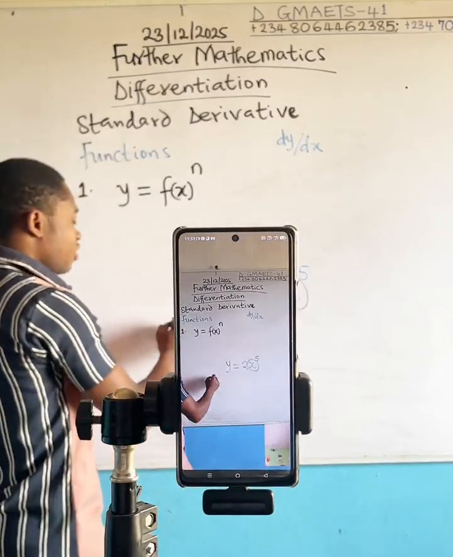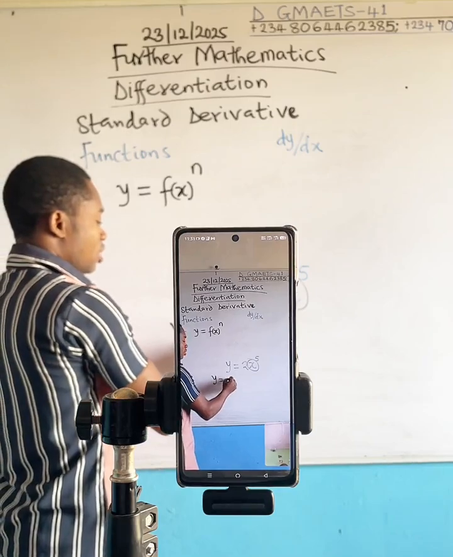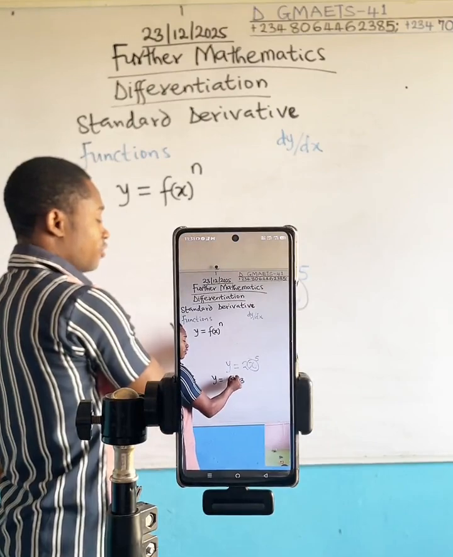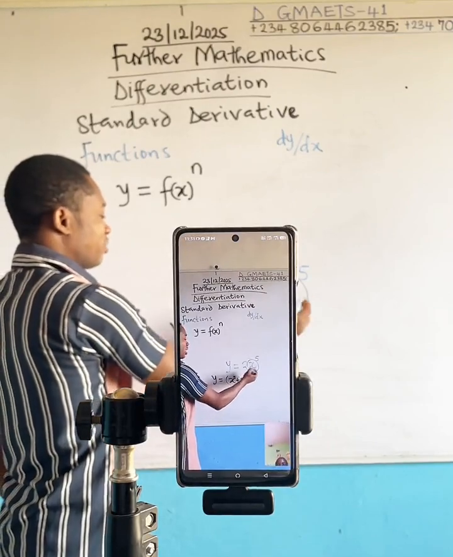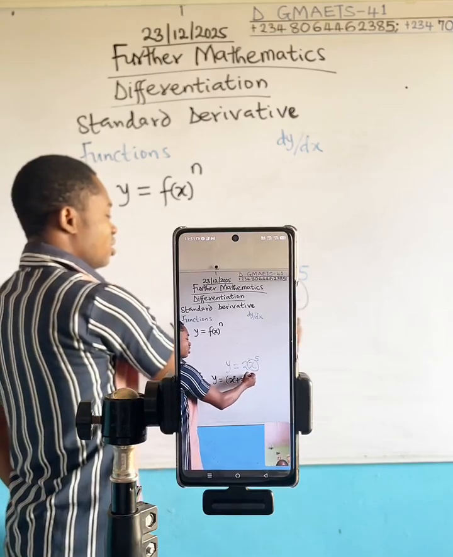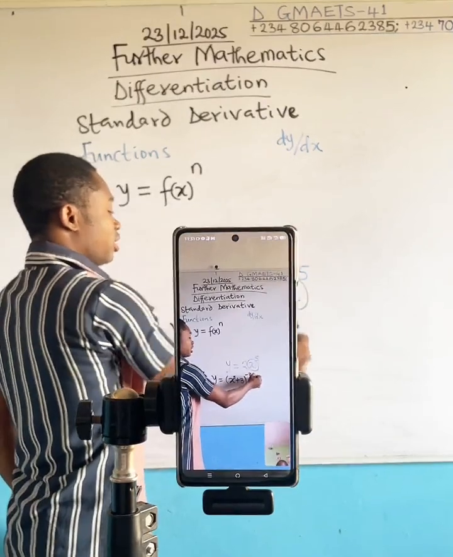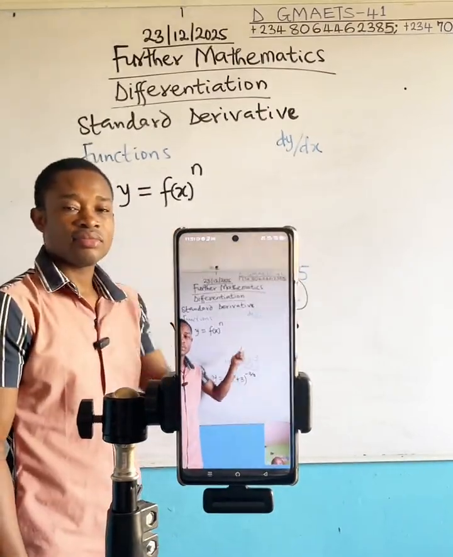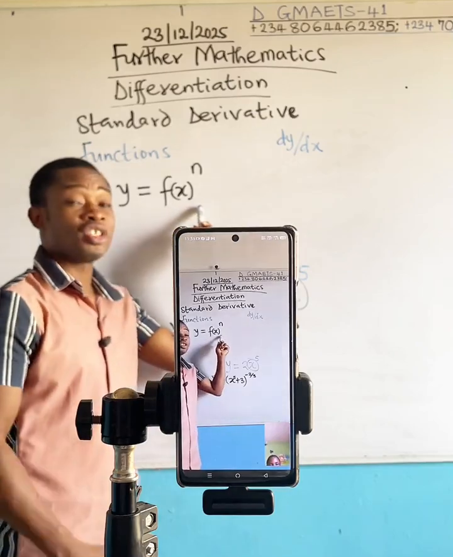Now look at this. If I give you y to be equal to, let's say, x raised to power 5 plus 3, all raised to power, let's just say minus 2 over 3. This function is also defined by this. How do we even interpret this function? It's very simple.